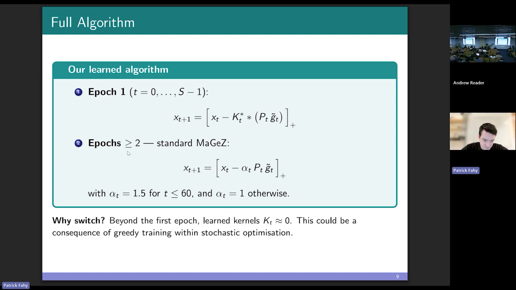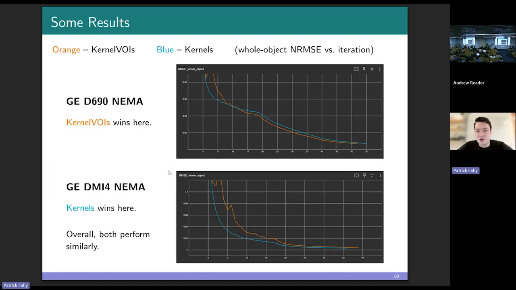I'm not sure. So we use these learned preconditioners for the first epoch and then switch to a very simple handcrafted algorithm. I just chose a step size of 1.5 up to iteration 60 and then just switched to 1. So very simple. I have some results just comparing the two different submissions.